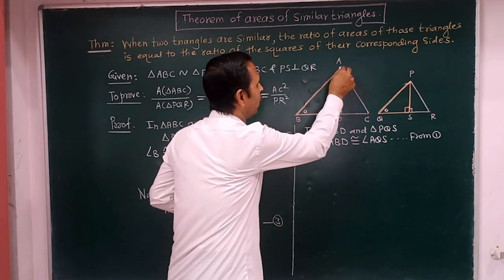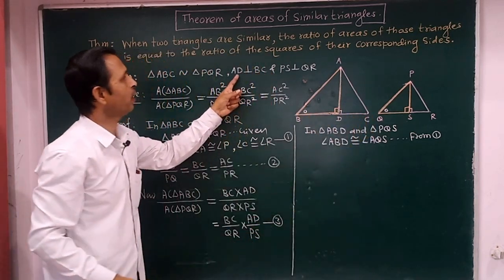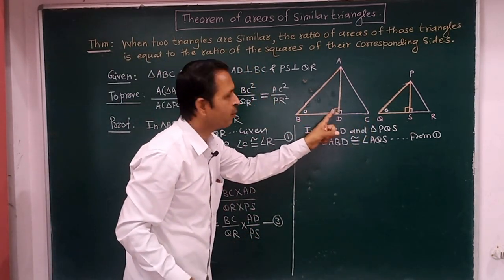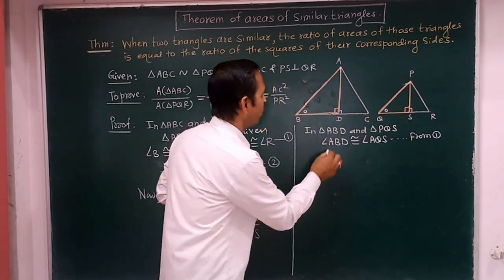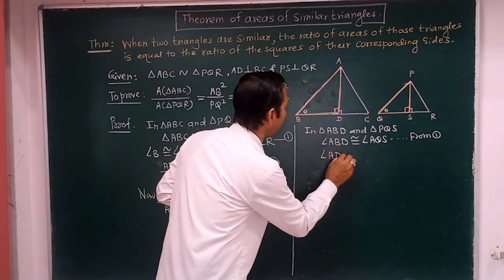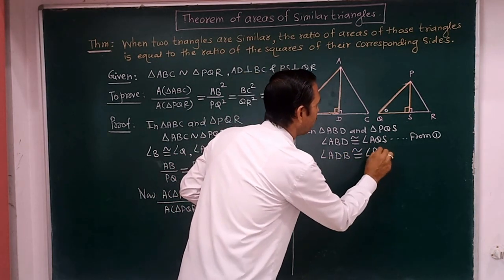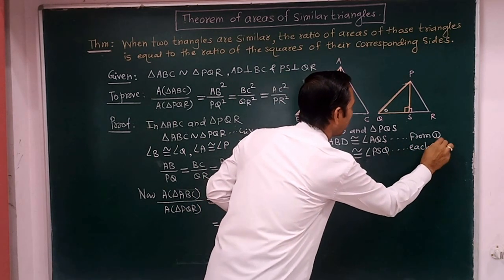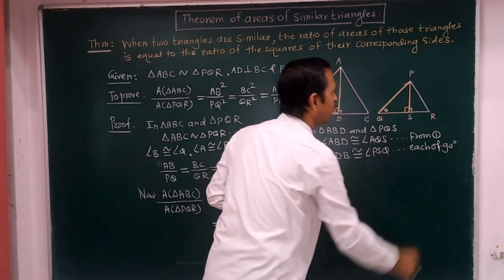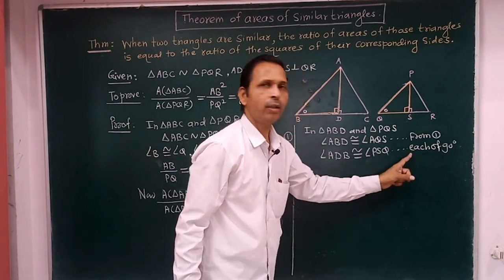Second statement, AD is perpendicular to BC, as given here, and that's why this angle is 90 degrees and this angle is also 90 degrees. Means angle ADB is congruent with angle PSQ. Why? Because each is 90 degrees, as given.